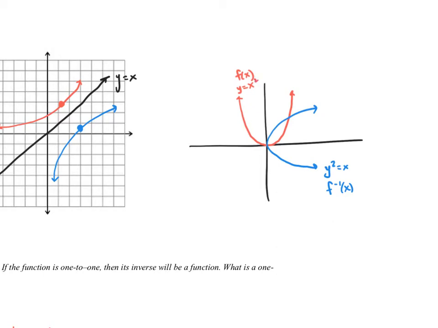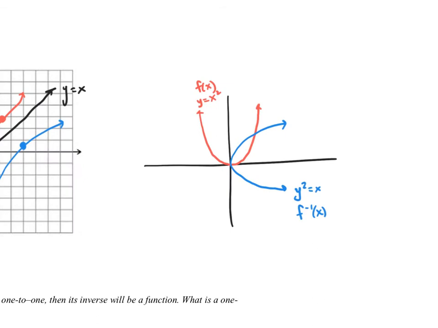If you apply the horizontal line test, that horizontal line can never touch the graph more than once. Clearly, this horizontal line would touch the graph here as well as here, which means it does not pass the horizontal line test, so it's not one-to-one. We see the ramifications because when we graph the inverse, we get a graph that is not a function, so we would have to limit the domain.